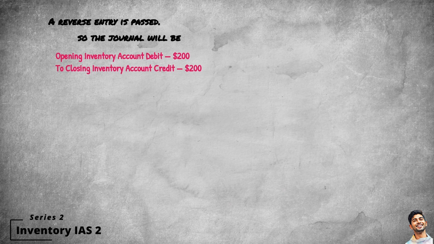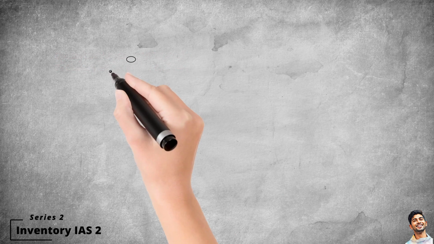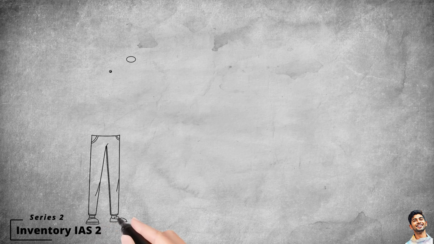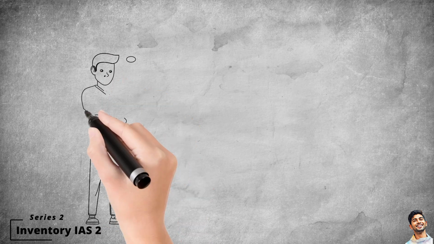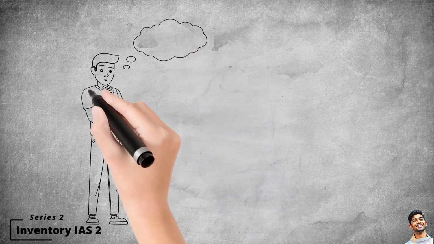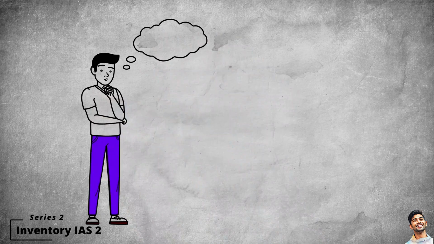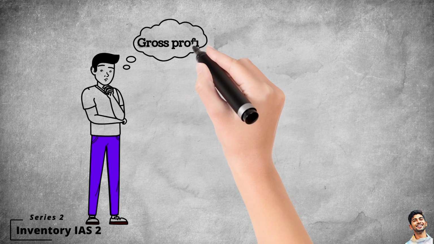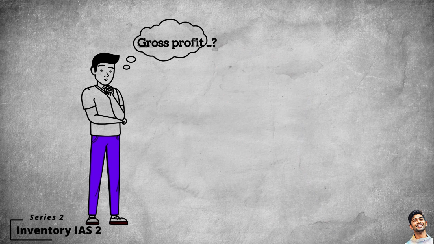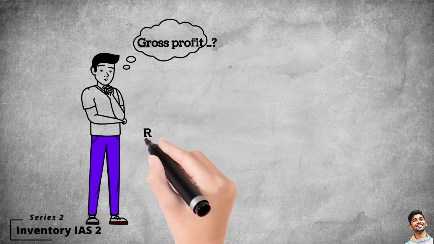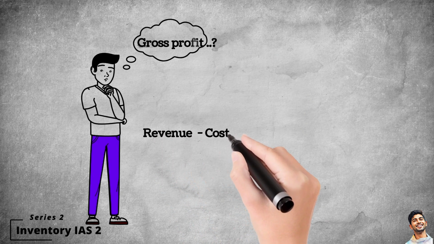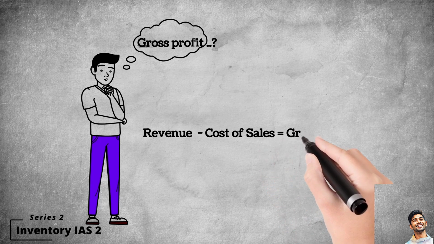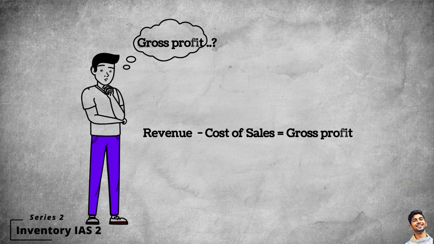Now that we understand this concept, let's move to the practical example which often comes in exams. And here's a question for you. Have you ever noticed how gross profit is calculated? Revenue minus cost of sales equals gross profit. Simple formula.